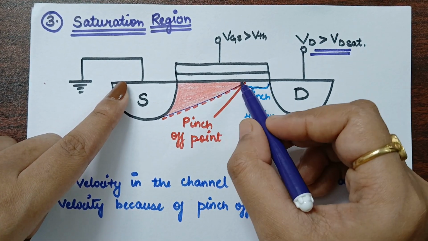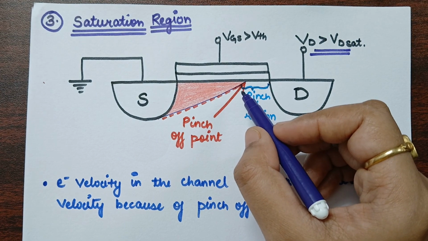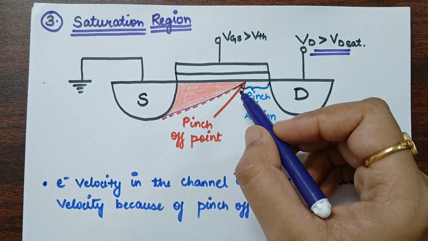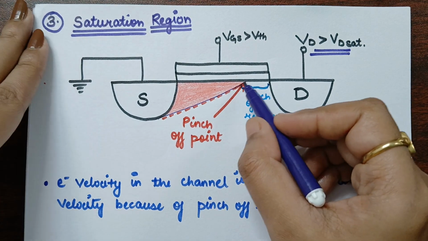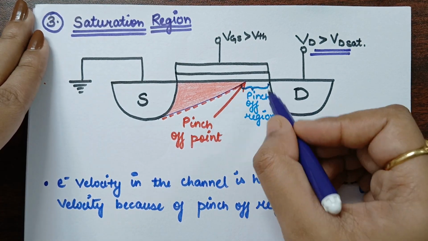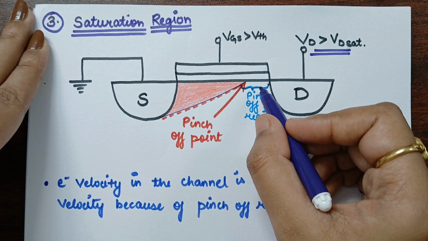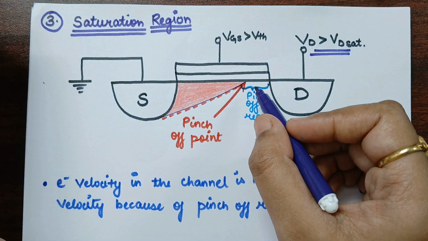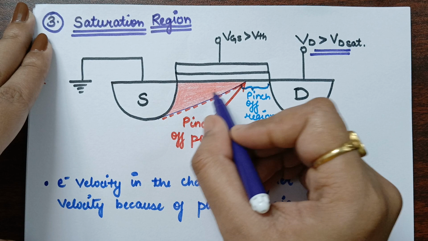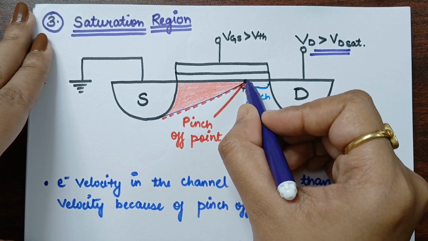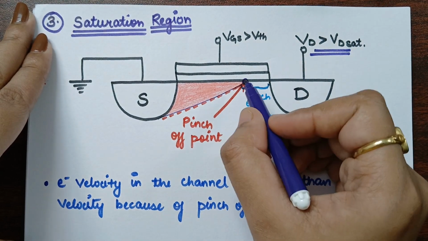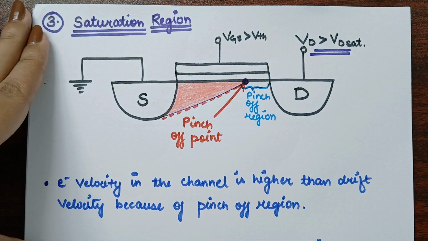Here there will be no concentration of the accepting ions, or the negative ions. Hence this region will be empty and will be called the pinch off region, where there is no inversion layer. Only this area will have the inversion layer, and it is attached only at a point, called the pinch off point.